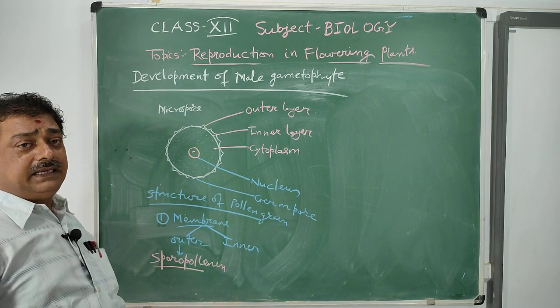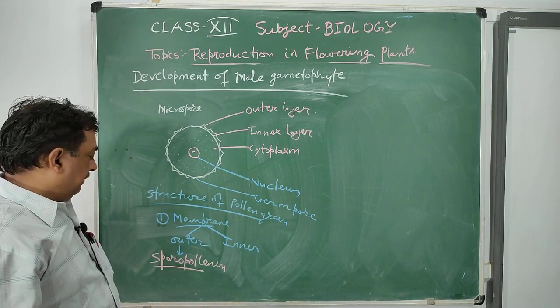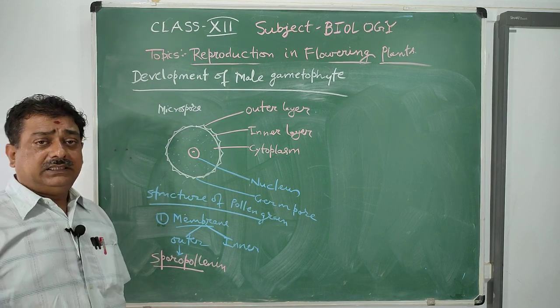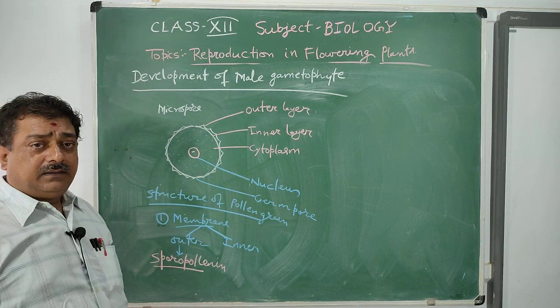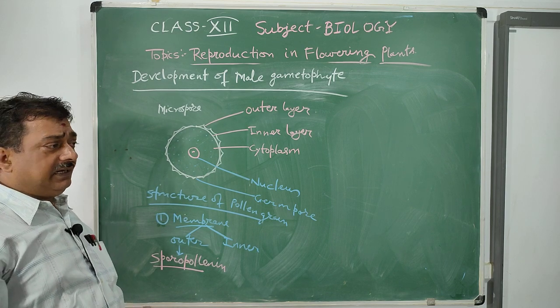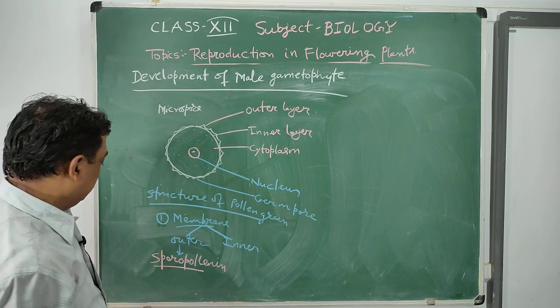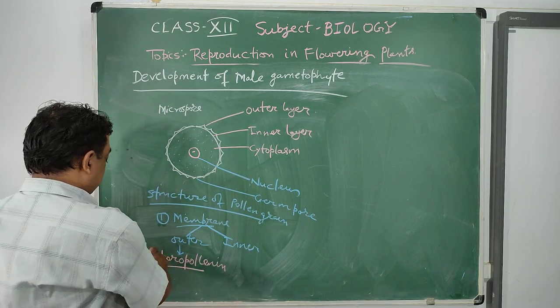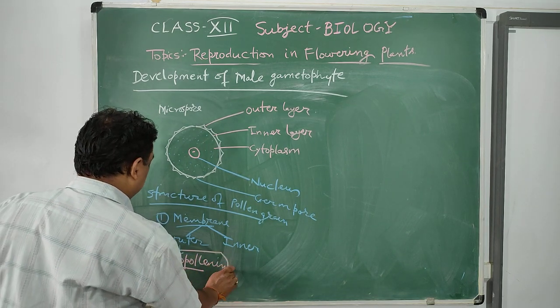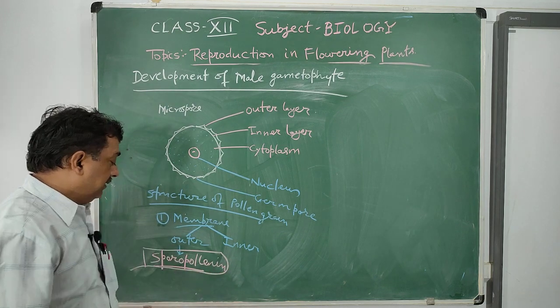Till now, no enzymes have been known to degrade sporopollenin. Due to the presence of sporopollenin, study of fossils is possible. So fossils of pollen grains are possible due to the presence of sporopollenin.